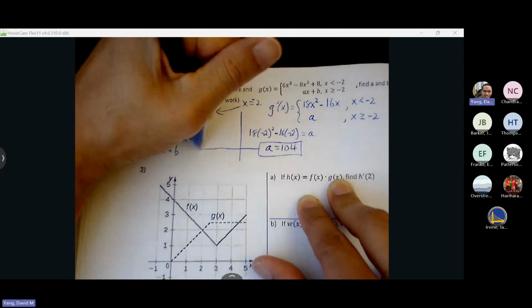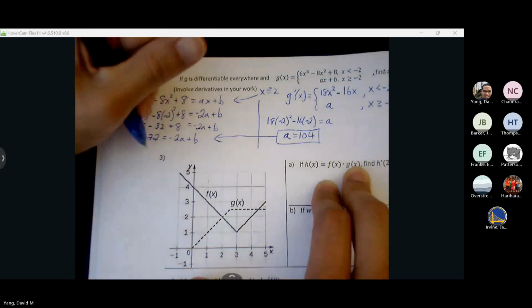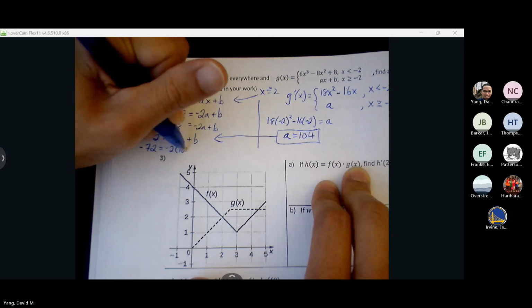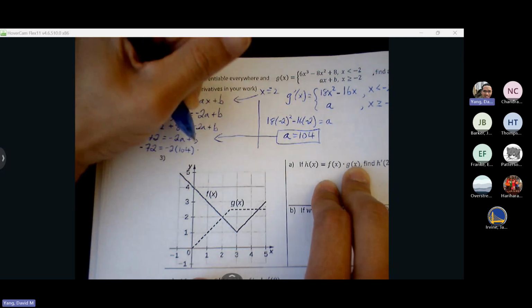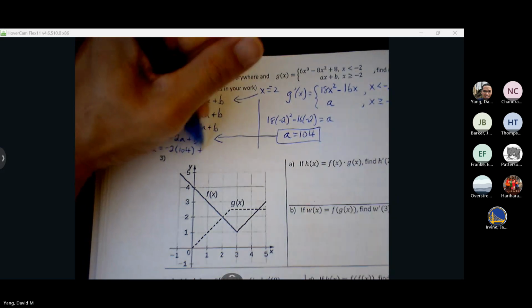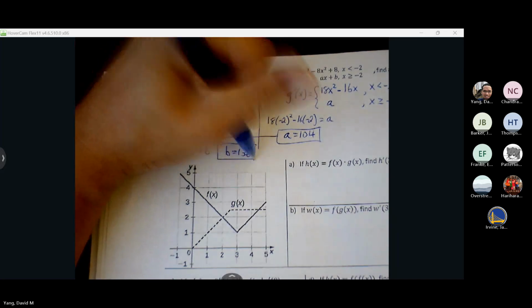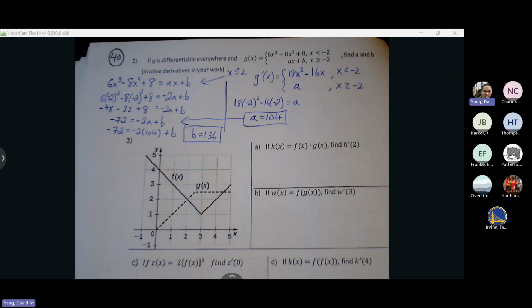And then we can take that and use it to find b on the other side. Any questions with the process?